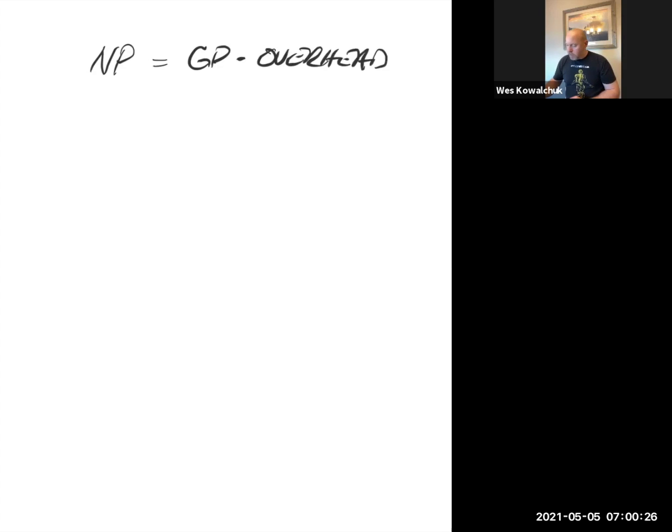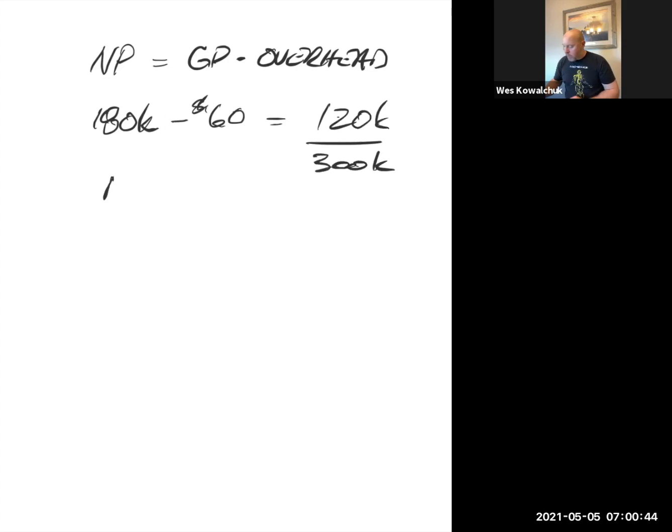In this case, gross profit was 120K minus 60K, which is our overhead, so we have a profit of 60K net profit. Divide that by 300K again, and that now gives us our net profit percentage. In this case, it's 0.20, move the decimal over, you've got 20%. Does that make sense for you guys?